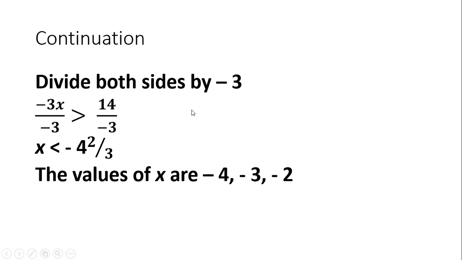Then you divide both sides by minus 3. Anytime you divide by a negative, the sign will change. So that's why the sign changes to x less than minus 4 whole number 2 over 3. And the values of x are minus 4, minus 3, minus 2.